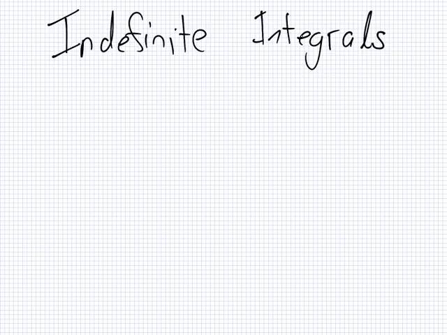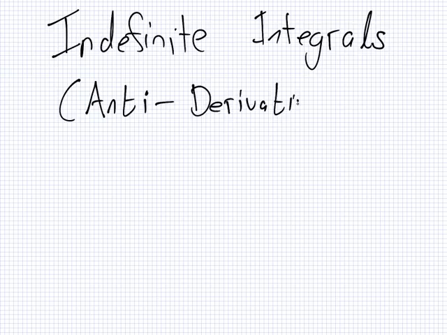Listen. So, we're having a look at indefinite integrals. Basically all indefinite integrals are another way of, it's like a derivative, it's an antiderivative. So basically integration or antidifferentiation is just the reverse of what we've been doing last week.